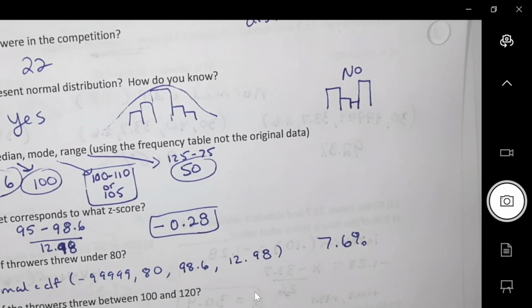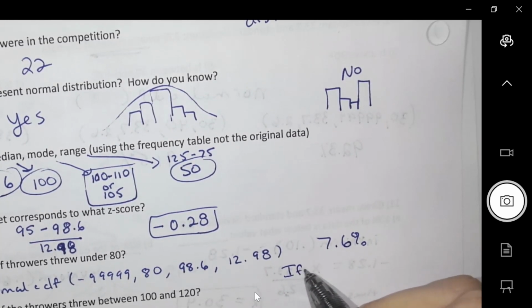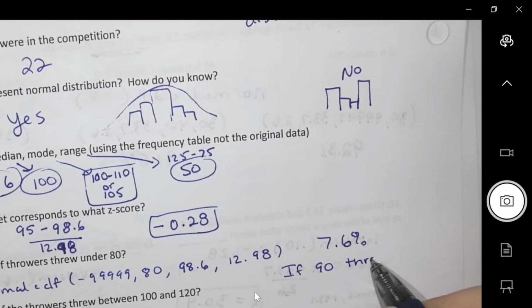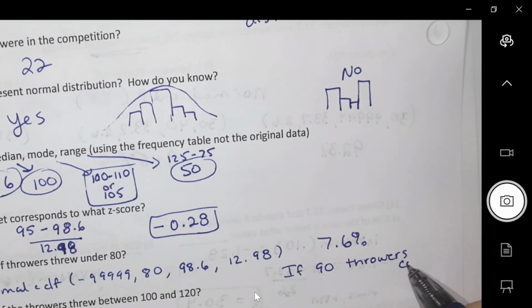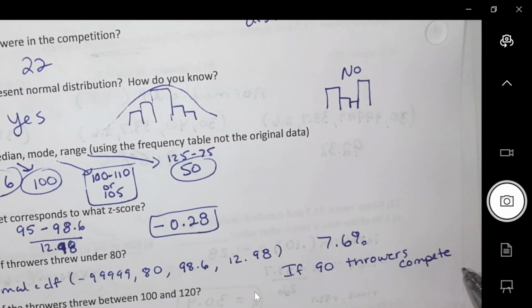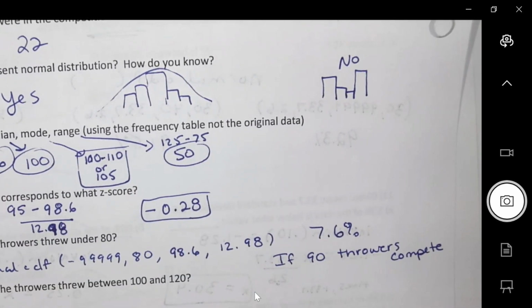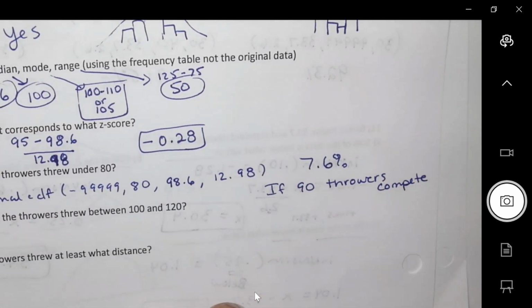I'm going to add a question here because you have a question like this on your test. You ready? So what if 90 throwers compete? How many throwers would throw less than 80? What if I put a question like that on your test because it's on there? So now what would you do?